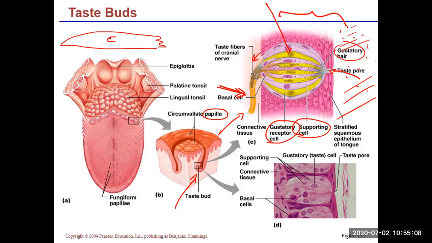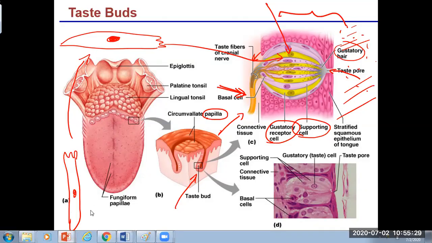All right, pretend this is a yellow one. Okay, and again, if I upright it, then I could just draw it this way to make it simple. All right, this is the same thing as these yellow ones, and there happen to be receptor cells.